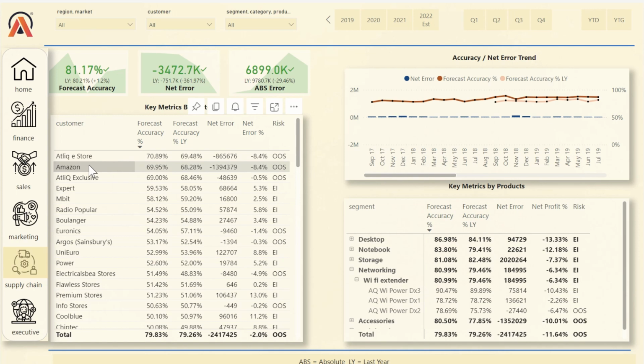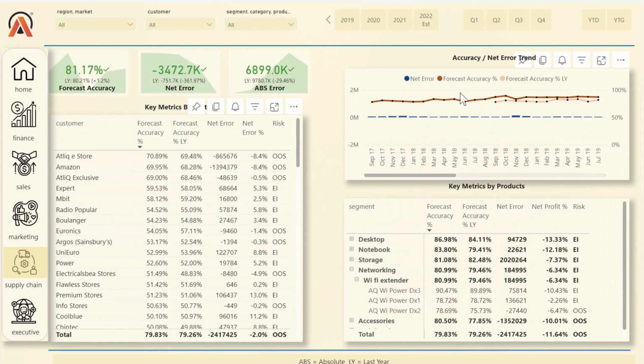Out of stock is when, let's say, Atliq company was unable to fulfill the quantity of the products the particular customers are looking for. That is the out of stock situation. And if they have a lot of stock but the customer bought less than what they had forecasted, that particular situation is the excess inventory situation.